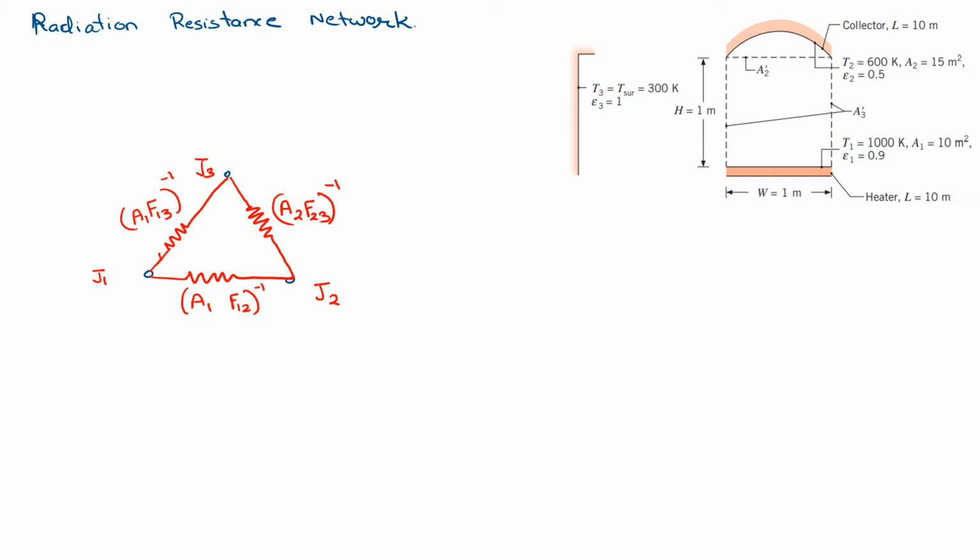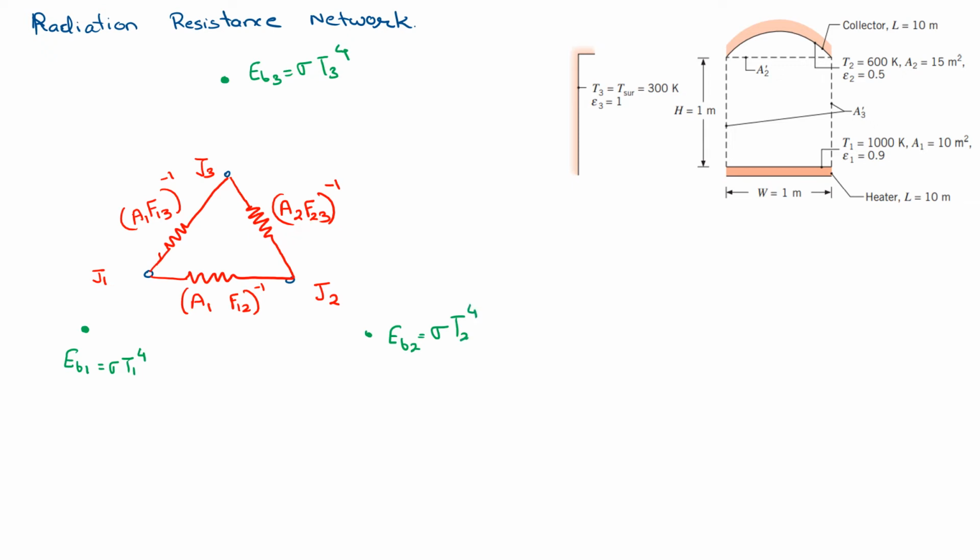Before we do that, let's note down the emissive powers. The emission by surface 1 will be EB1, which is nothing but sigma T1 to the power 4; by surface 3 it will be EB3, which is sigma T3 to the power 4; and for surface 2 it will be EB2, which is sigma T2 to the power 4.